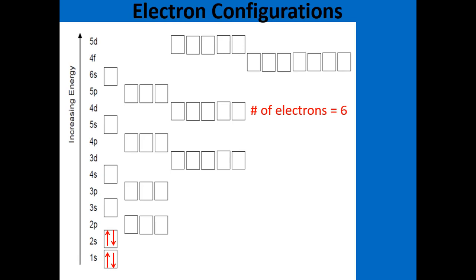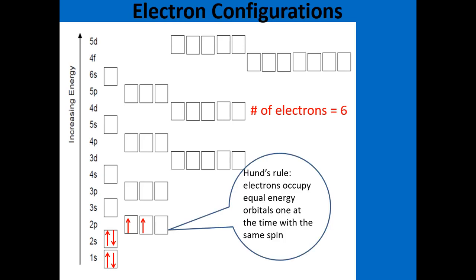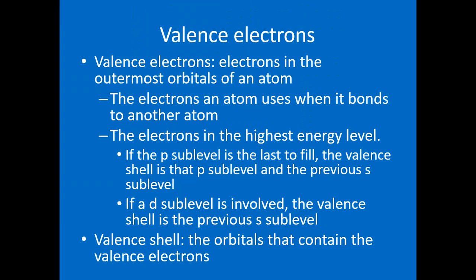So we have 2 electrons in the 2p. The first electron is going to occupy the first orbital, and the second electron is going to occupy the second orbital. And that's Hund's rule. So the electron configuration for carbon is 1s2, 2s2, and 2p2.